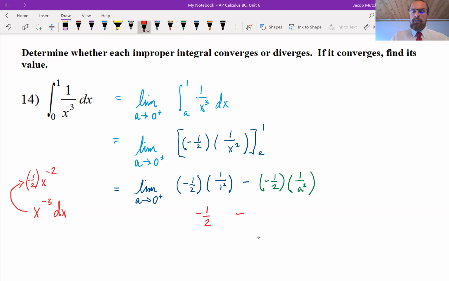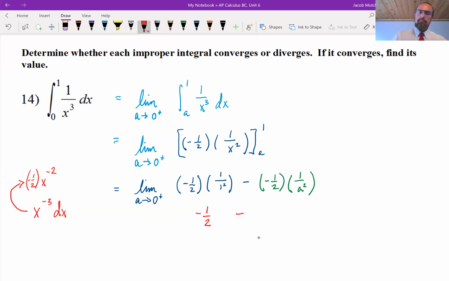Minus. So then I'm going to get -1/2 times 1/a, and a is getting closer and closer to 0. So I can imagine that that denominator has a smaller and smaller number in it. So it's the opposite of dividing by infinity. Dividing by infinity would tend towards 0. Dividing by something getting close to 0 would be infinite.